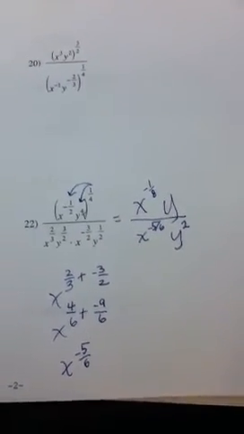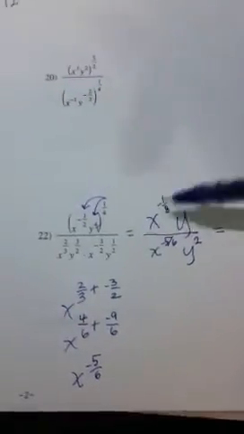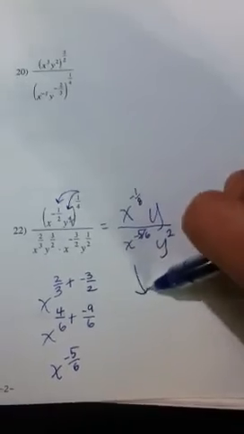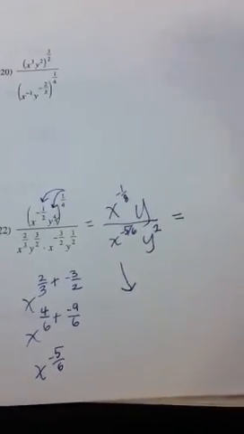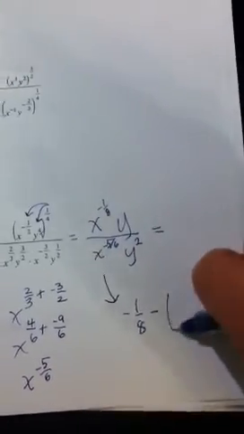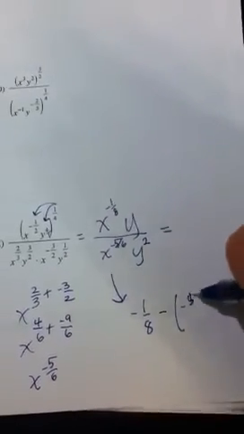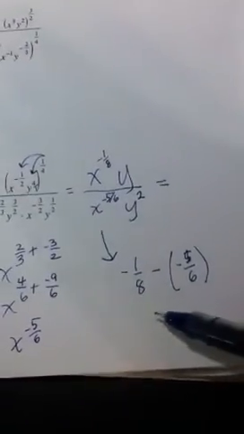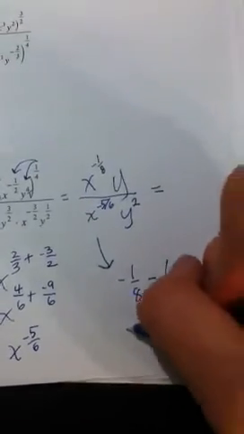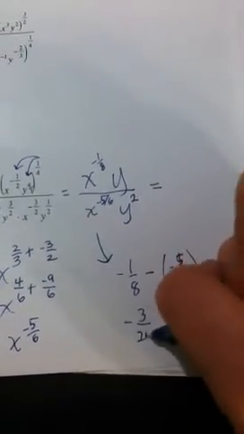Still not done, obviously. I'm dividing so I can subtract my exponent. Down here, on the x's, I'm doing negative 1/8 minus negative 5/6. Let's see, what is my common denominator? 24 works. So this is negative 3/24.